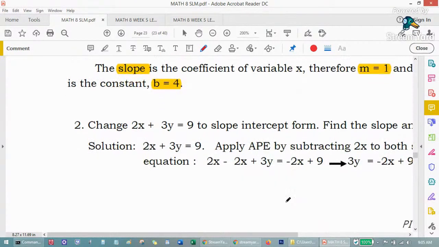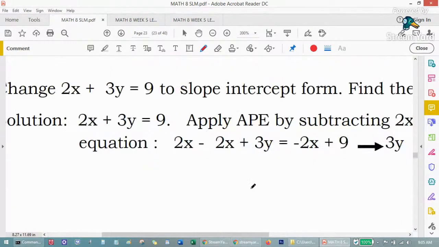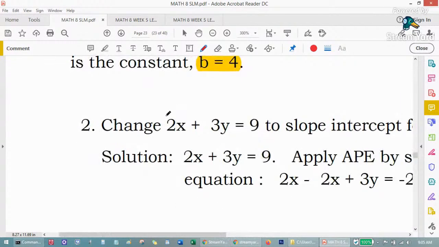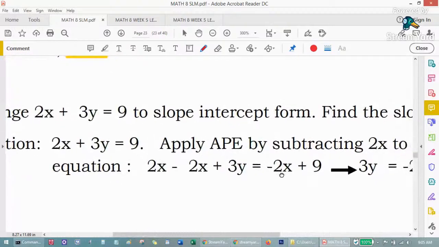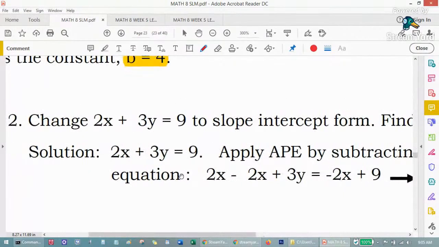Okay? Example number 2. Change 2x plus 3y is equal to 9 to slope-intercept form. So again, kailangan ang nandito lang sa left is y. So kailangan tong 2x na to ilipat natin sa kabila.